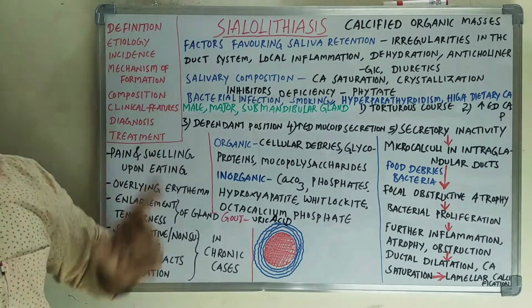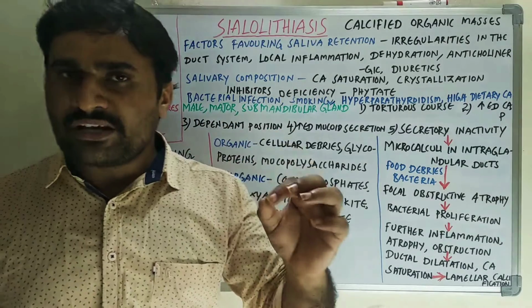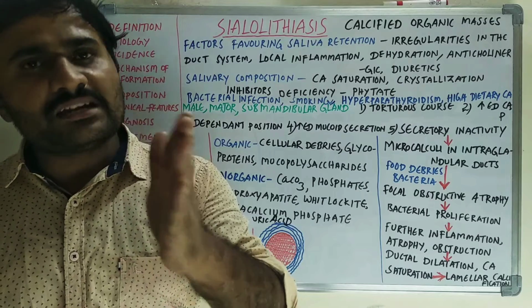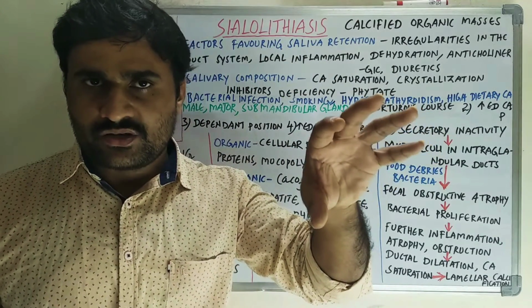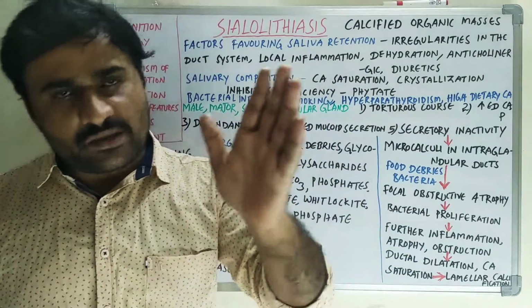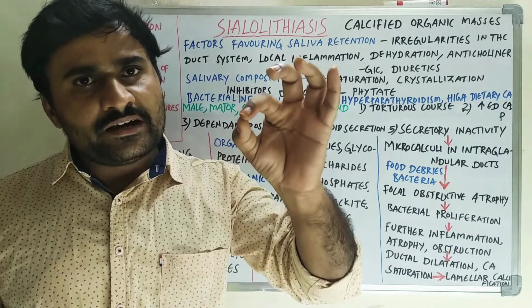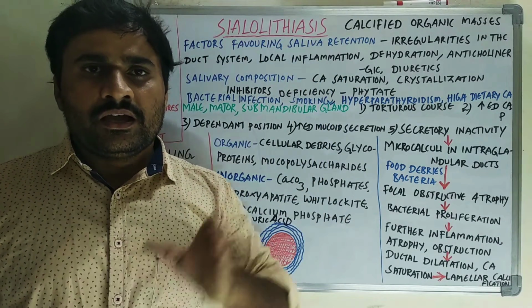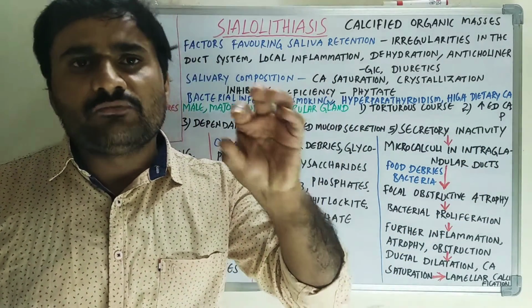Then coming to the incidence, sialolithiasis is more common in males and more common in the major salivary glands when compared to the small minor salivary glands. Because in major salivary glands, especially the parotid gland and submandibular gland, there is nerve stimulated salivary secretion. That means if there is nerve stimulation only, the salivary secretion will be more.